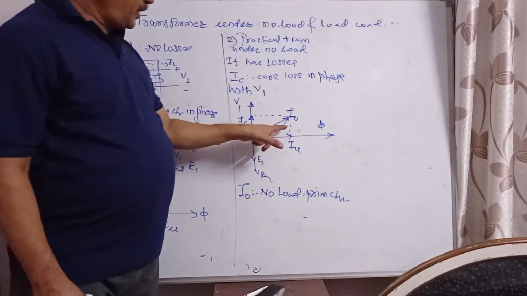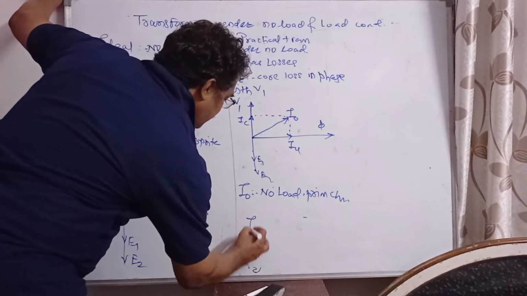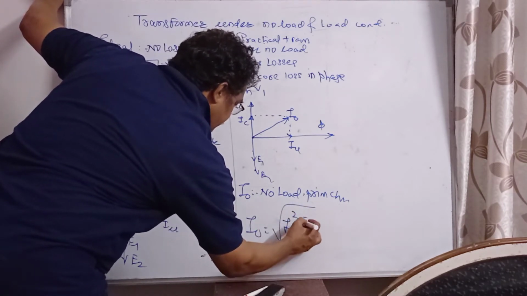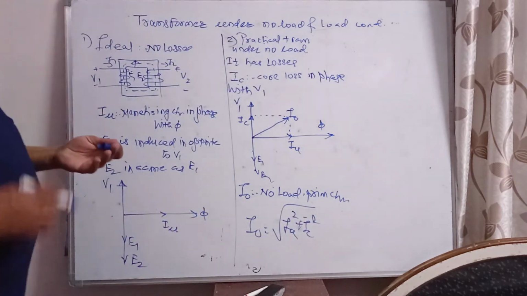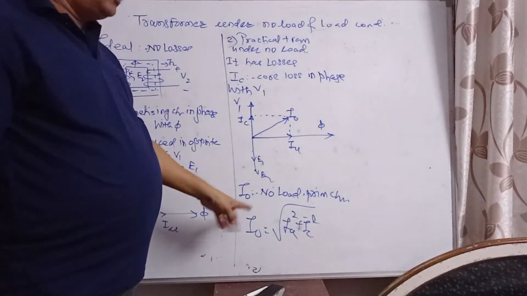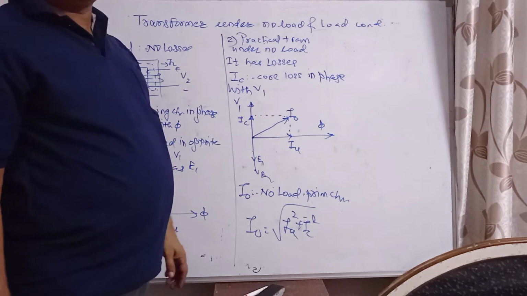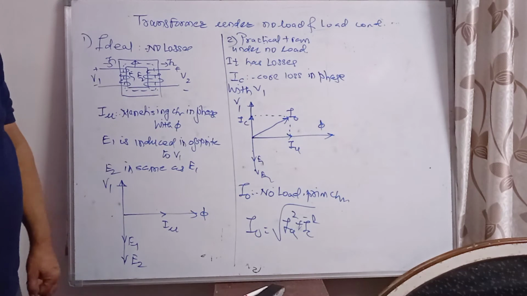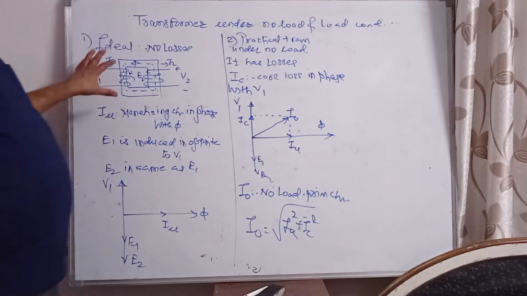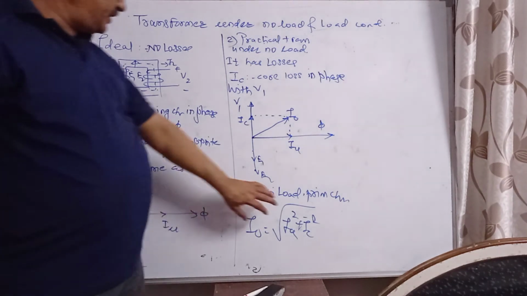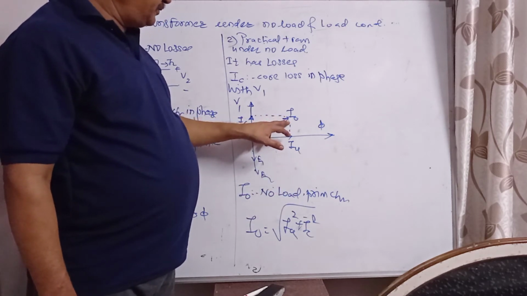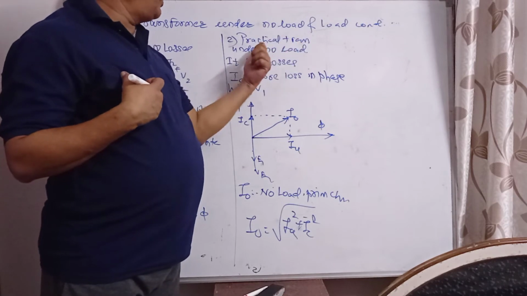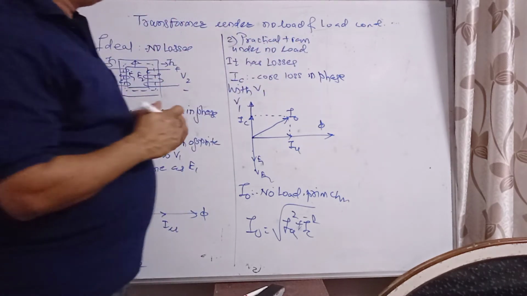So there again I0 is the no load primary current. I0 is no load primary current. Right? Ideal transformer, this component exists here. Now I0 will appear in transformer with load, practical transformer with load.